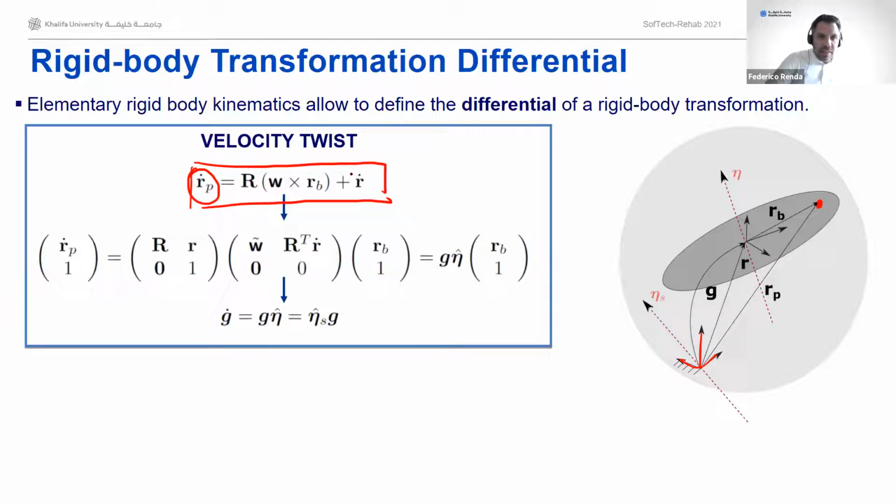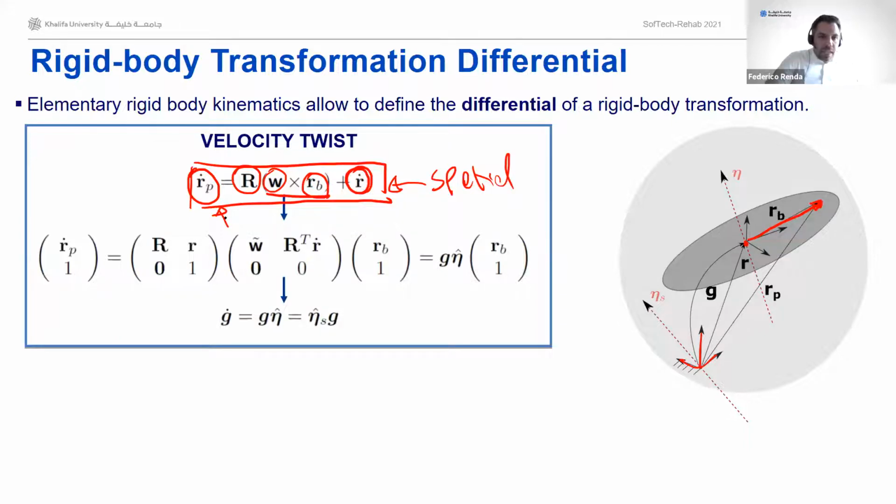We know that this can be computed by taking the velocity of one point of your rigid body, for instance the origin of the body frame attached to the rigid body, plus another vector which is due to the angular velocity W of your rigid body. Now let's take W and RB, which is the vector of P in the local frame. Let's take these two in the local frame. Then in order to have the velocity in the global frame, we multiply by the rotation matrix. So all of this is in the global frame, or spatial frame.